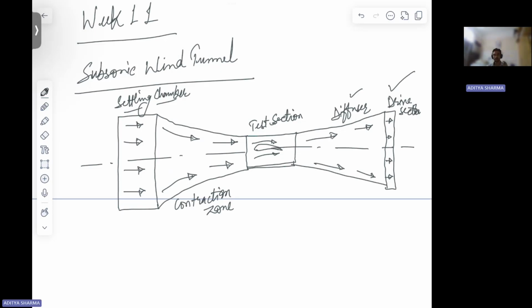The settling chamber is to straighten the flow, and the contraction zone is to speed up the flow.